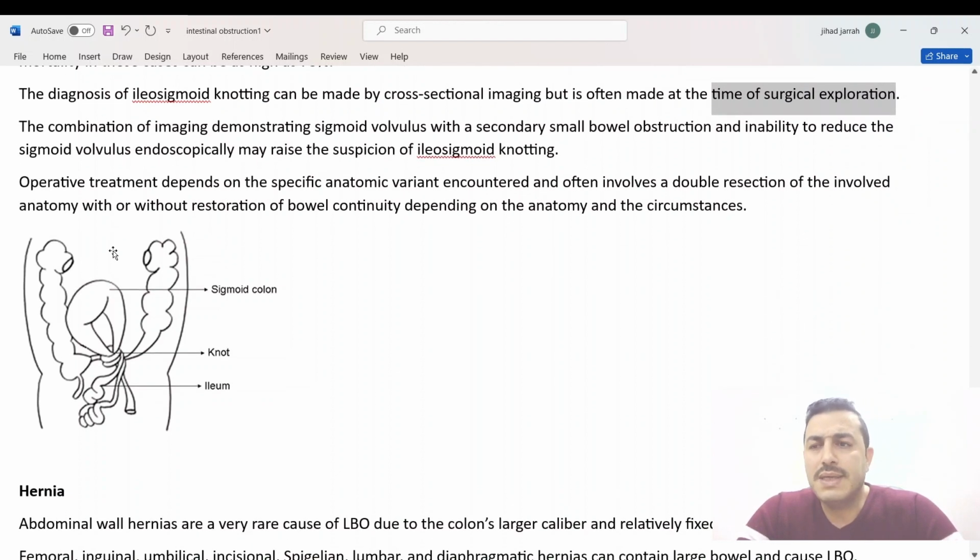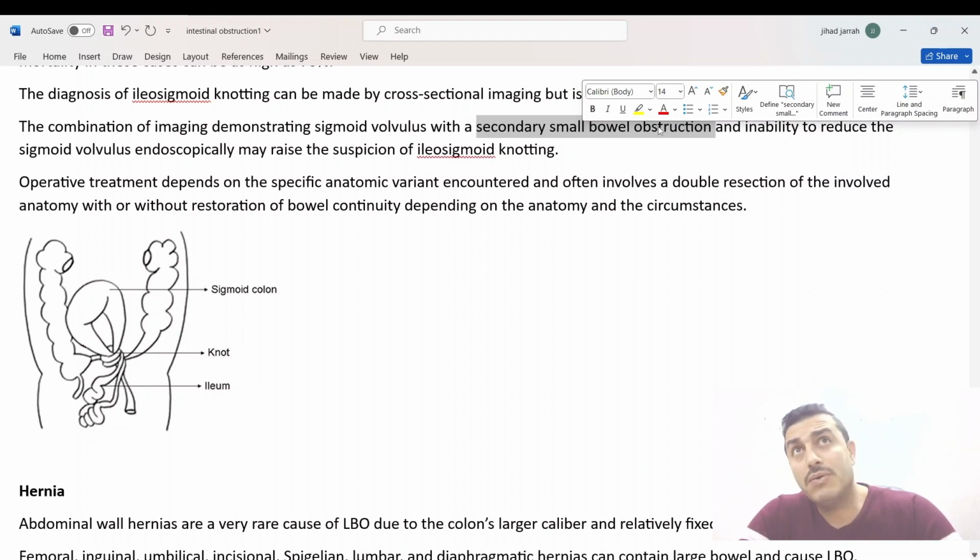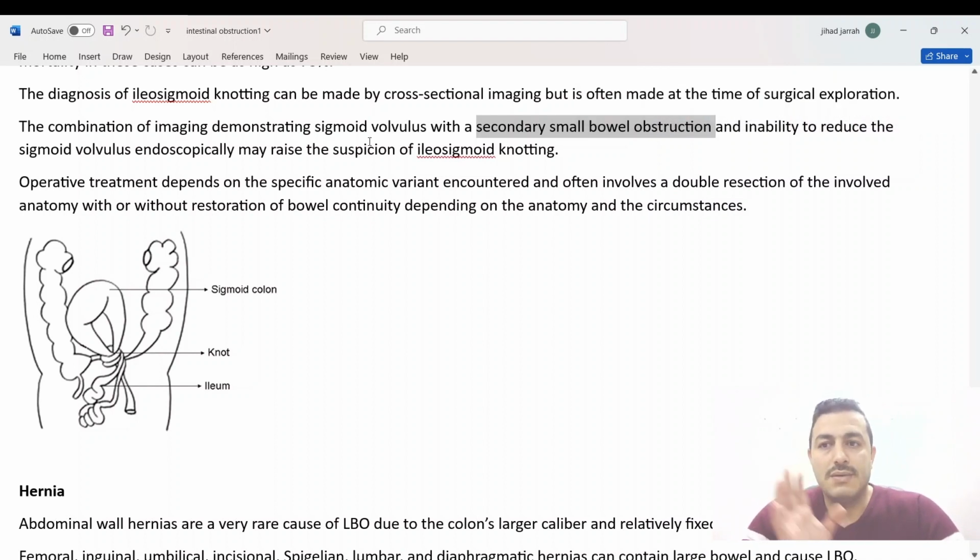Okay, when to suspect ileosigmoid knotting? Actually, it's when imaging suggests volvulus, plus we have secondary bowel obstruction. Secondary bowel obstruction actually means an incompetent ileocecal valve: we have colon obstruction, and that progresses in a retrograde fashion to the small bowel. Plus, we have volvulus on imaging, obstruction in the small bowel, and we are not able to reduce the sigmoid volvulus.